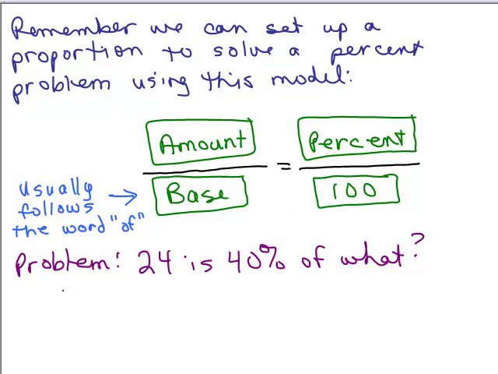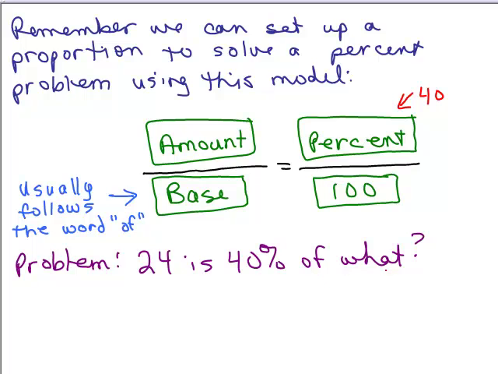So here's a problem. 24 is 40% of what? In this case, what I'm going to put in for the percent is the number in front of the percent sign. That's an easy one. So for the percent, we're going to put 40 in here. And then let's see, the amount and the base. Now the base usually follows the word of.